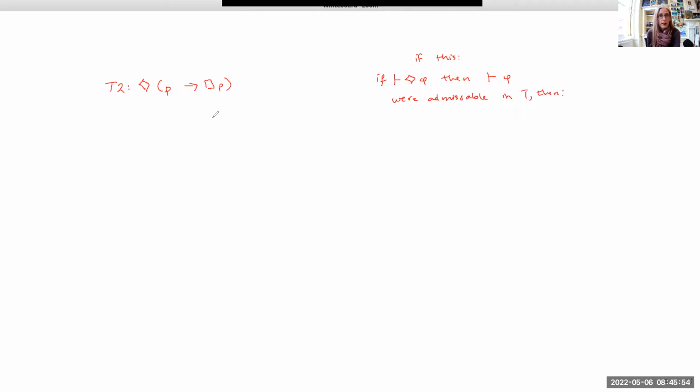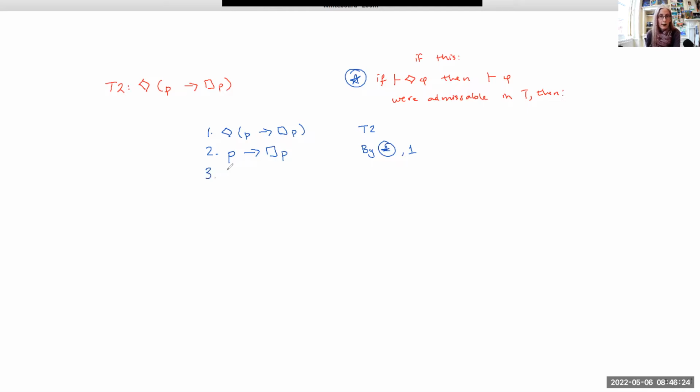First, we can write down our theorem T2 because we've already proven that, and that says possibly P implies necessary P. Now, I'm going to call this rule star. If we had this rule, we could then apply it to line 1 to get that P implies necessary P. So this is by rule star, which isn't really a rule, applied to line 1.